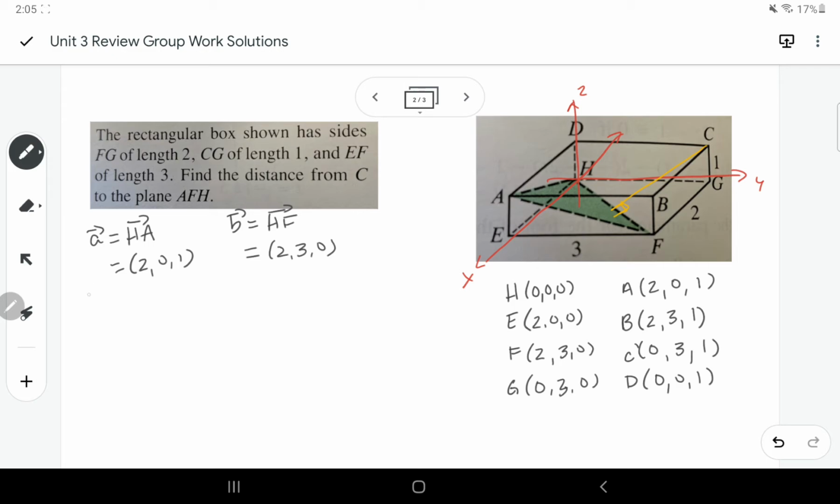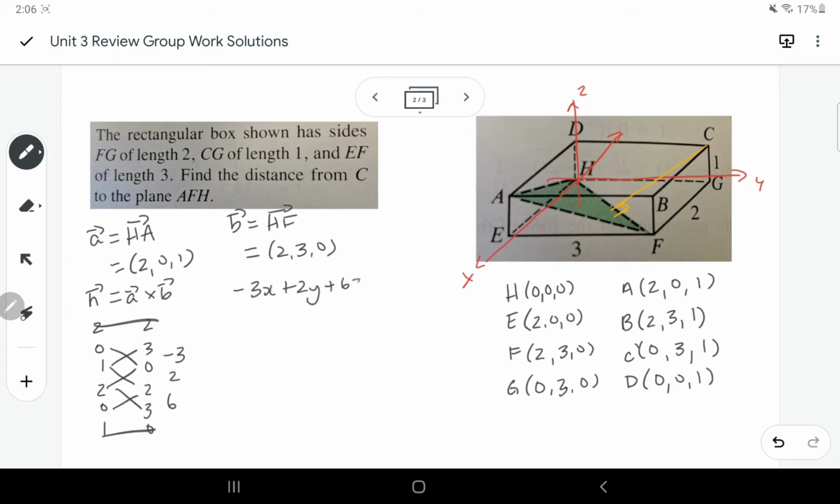And then I'll get the normal by doing the cross product of those two. So 0 minus 3 is negative 3, 2 minus 0 is 2, and 6 minus 0 is 6. So I have negative 3x plus 2y plus 6z plus d equals 0.